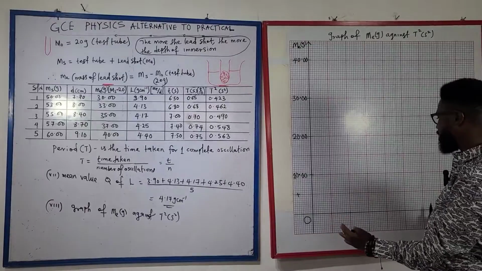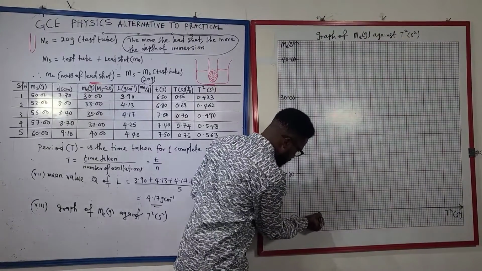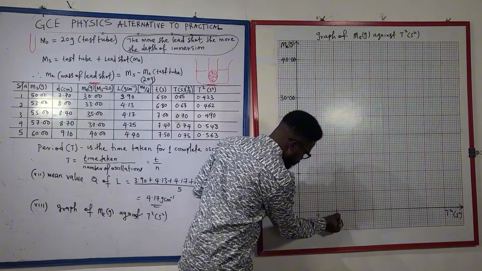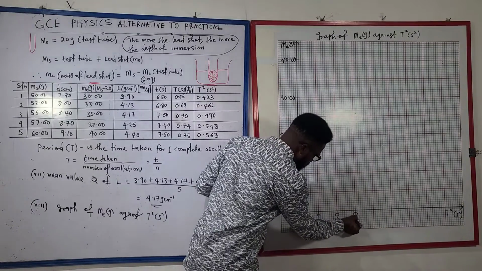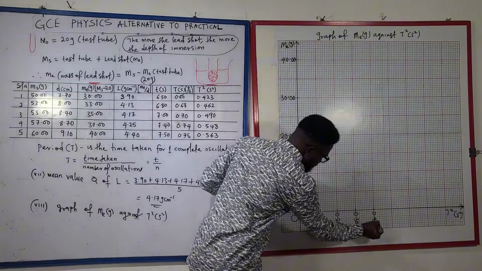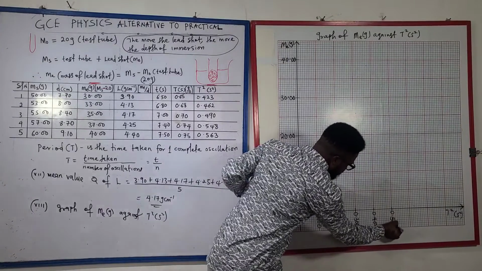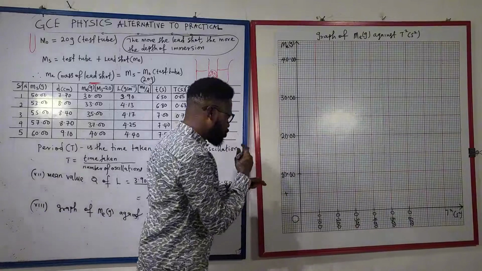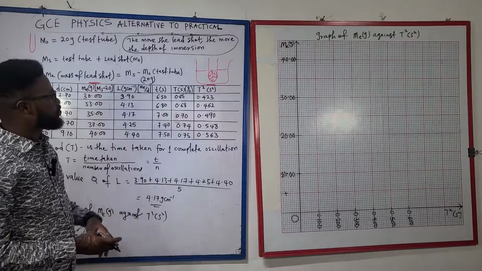And that covers a large portion of the graph. So I'm going to start with that: 0.100, 0.200, 0.300, 0.400, 0.500, and 0.600.